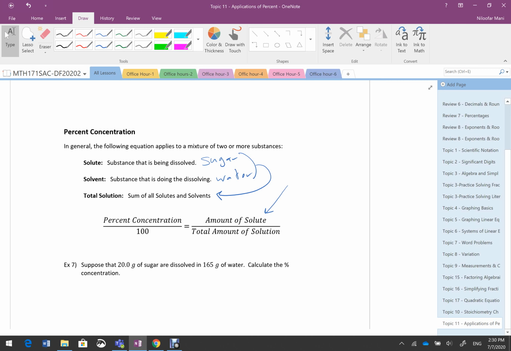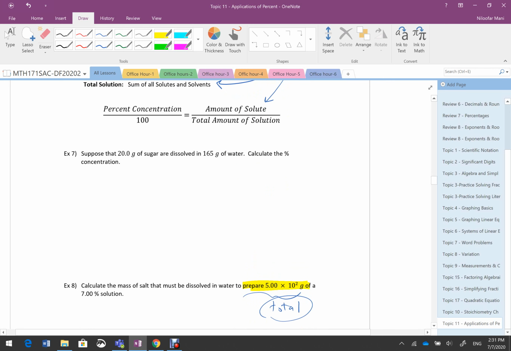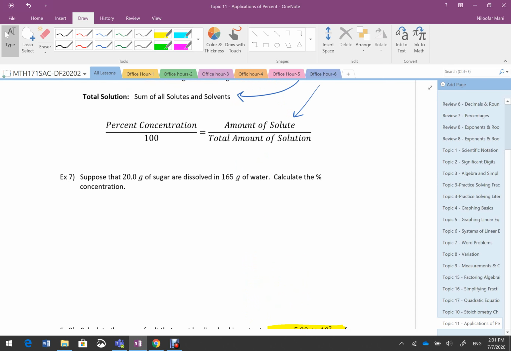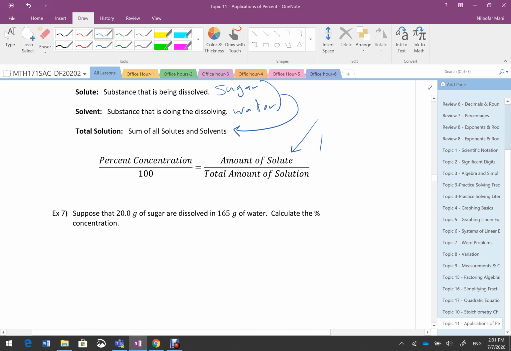The formula is this: I need the amount of one thing, that's the part, over total, and percentage over 100. Then I can find how many percentage.